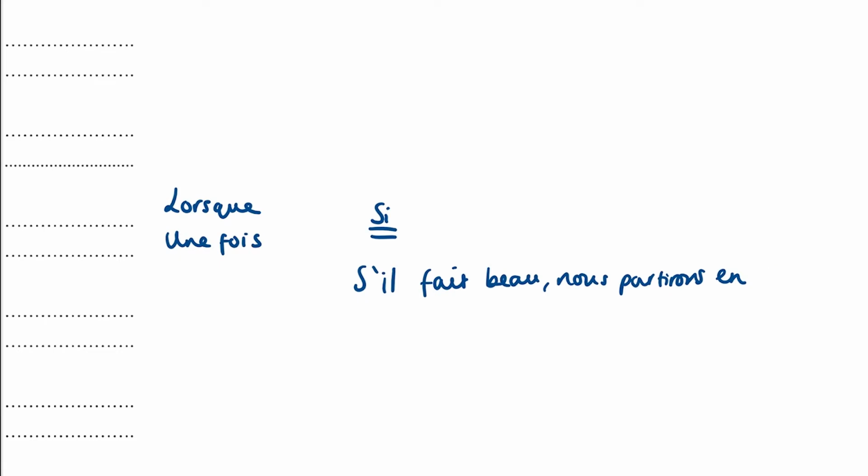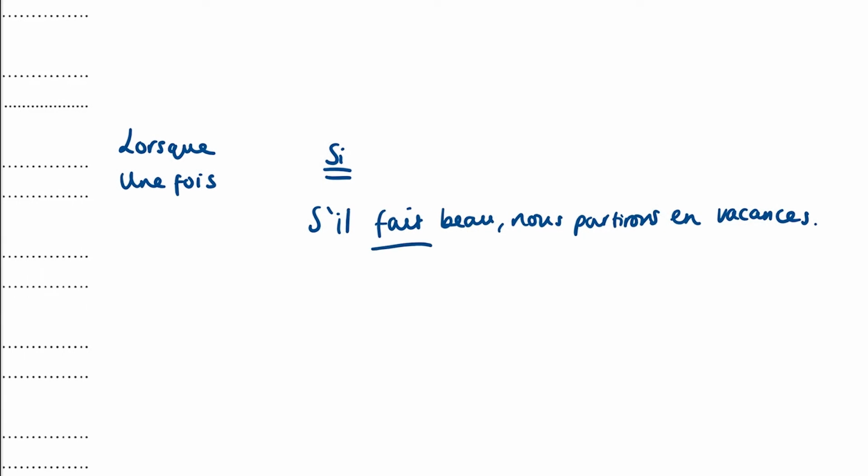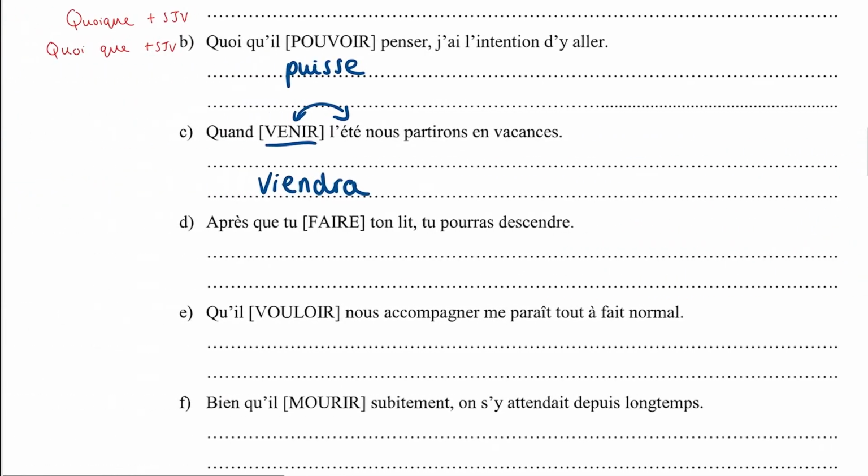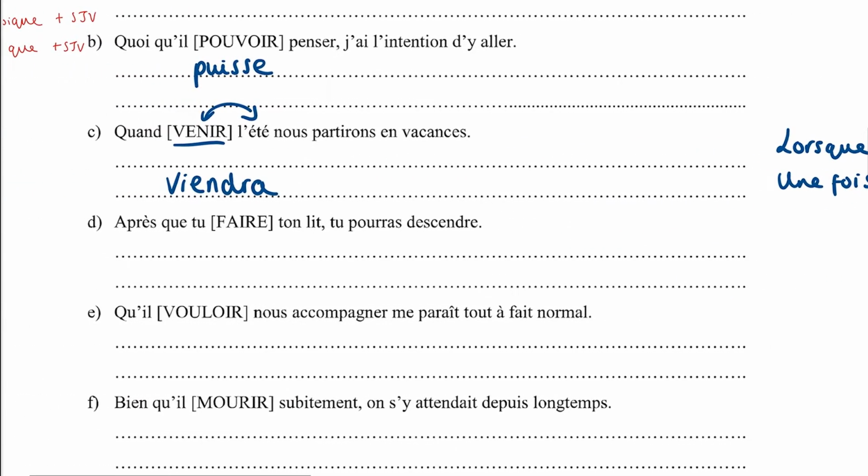Sorry, I've spelled vacances wrong again. I don't know what's happening. Nous partirons en vacances. S'il fait beau, that's going to be a present there after si. But if we were using quand here, you would say quand il fera beau, when it will be nice weather. Quand il fera beau, nous partirons en vacances. Okay, I think that explained.